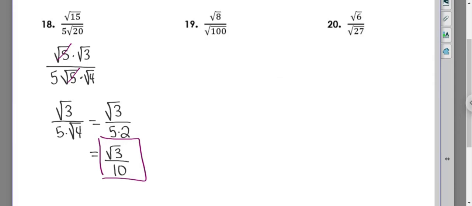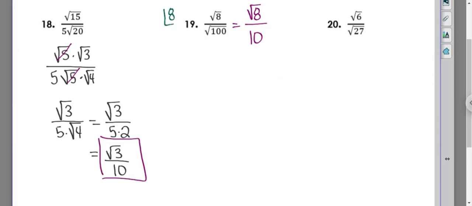All right, so this next one. Well, I can't do anything with the square root of 8, but the square root of 100 is 10. All right, problem solved. No more radical in the denominator. So now we just need to simplify square root of 8.